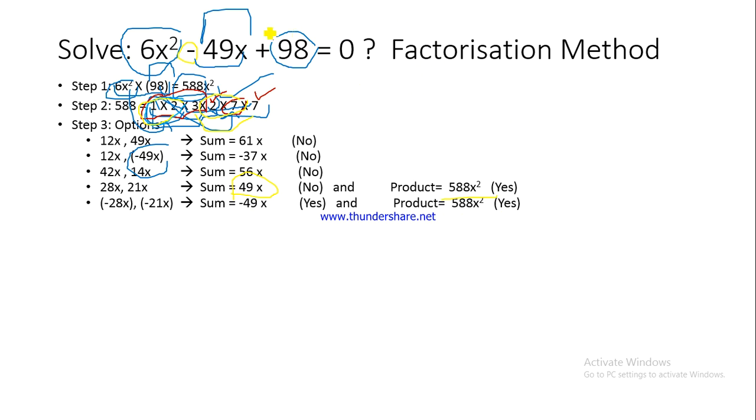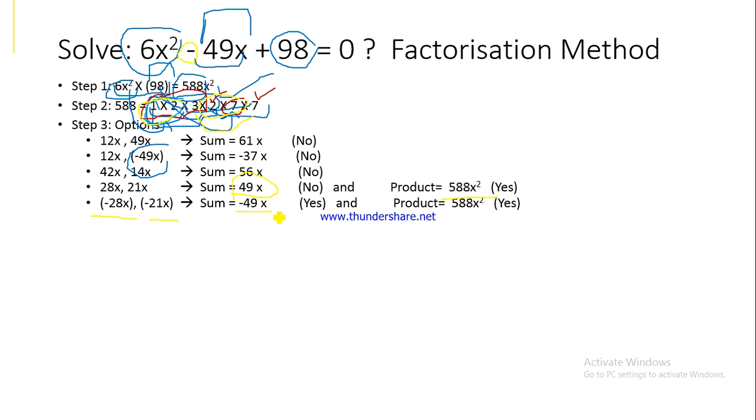So that is what we are going to do now. Now what happens if I use a minus sign and I convert these values into minus? So what will happen then? Minus 28x and minus 21x.